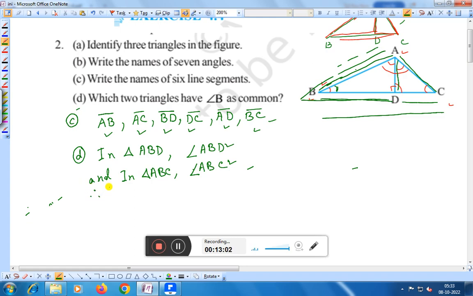Therefore in triangle ABD and in triangle ABC, angle B is common.